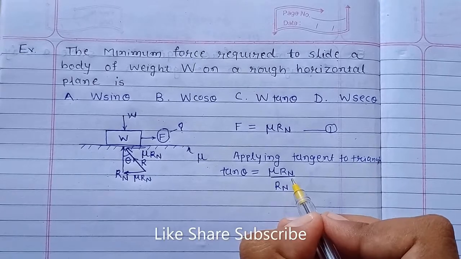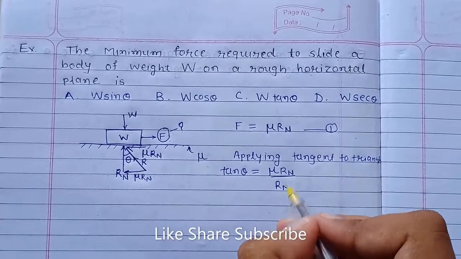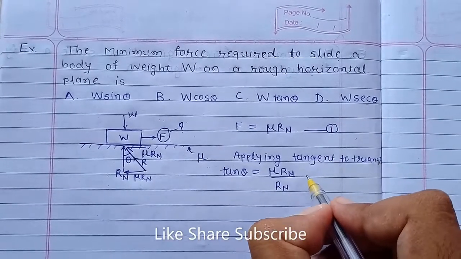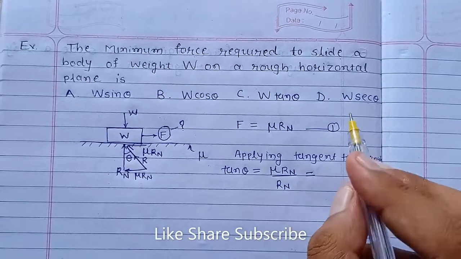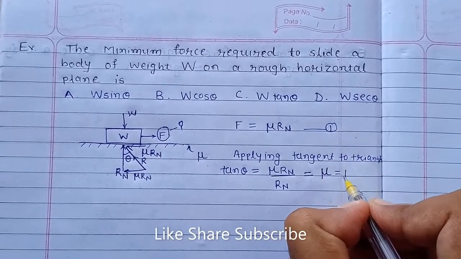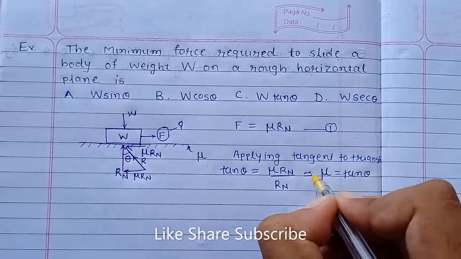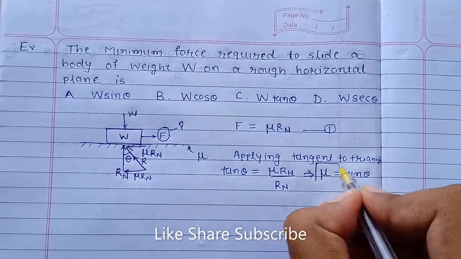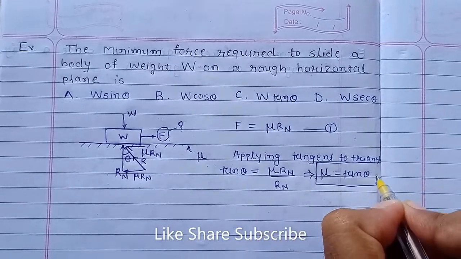Rn is the normal reaction force, so Rn cancels out. So mu is equal to tan theta.